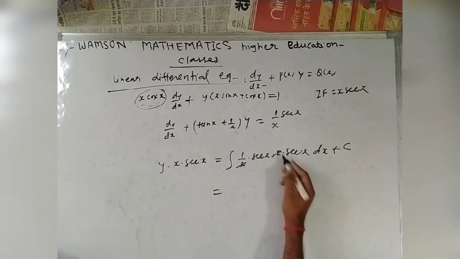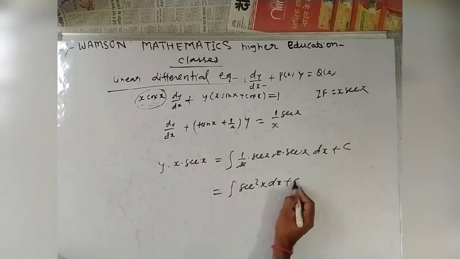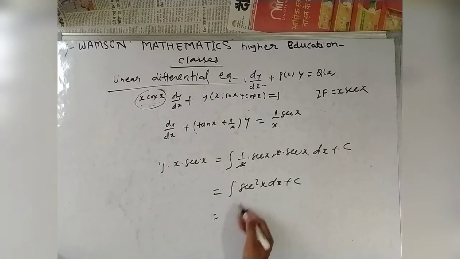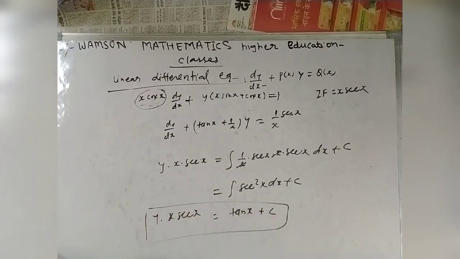Cutting, we get sec square x dx plus c, and the integration of sec square x is tan x plus c. So y into x sec x equals tan x plus c. This is our solution. This is very important, and many times it is important for competitive exams like NET JRF, MSc and BSc.